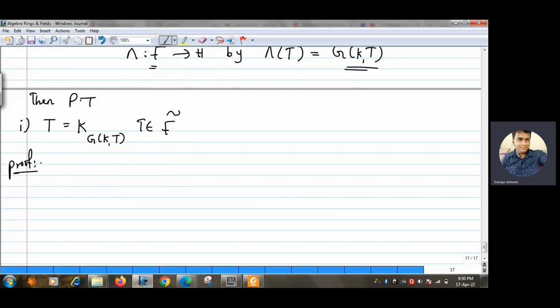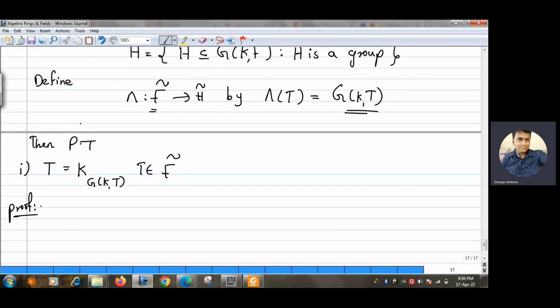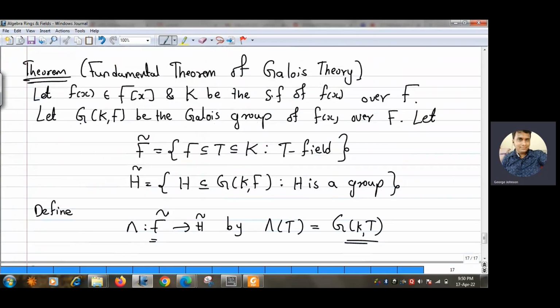Now, let us observe the statement once again. Here we are given a polynomial in F[x], and we are given the splitting field of the polynomial. Then, by the previous theorem, can you see that K is a normal extension of F?